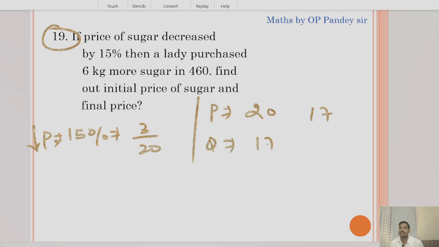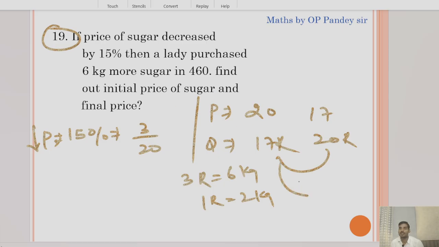Quantity must be 17 to 20. This is 17 ratio, this is 20 ratio. Increase is how much? 3 ratio, and according to the question this is 6 kilogram. 1 ratio is 6 divided by 3, that is 2 kilogram. And find out the initial price of sugar. So multiply by 2, this is 34 kilogram, right?